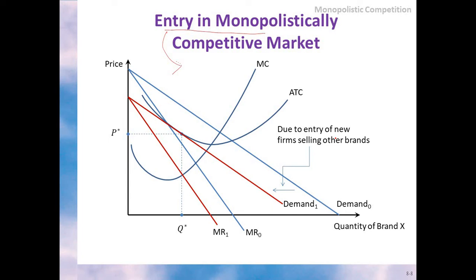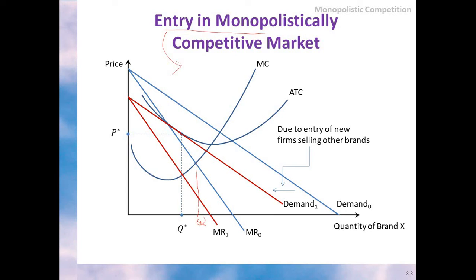All right, however, in terms of the Q, the Q star, the optimal Q, is still the same rule, MR equal to MC. You can see that the old one should be here, right?